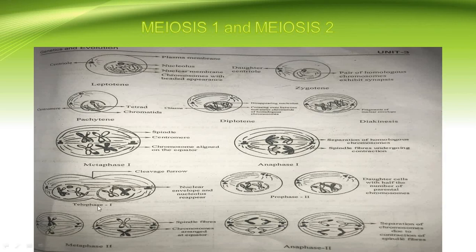Telo is the end of meiosis 1. That is telophase 1, where at the end you can see the two daughter cells forming. So the first meiotic division results in the formation of two daughter cells.